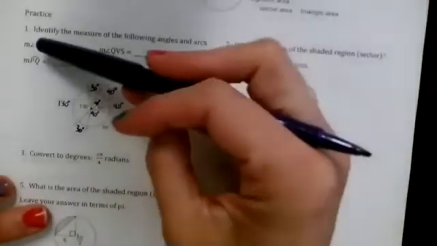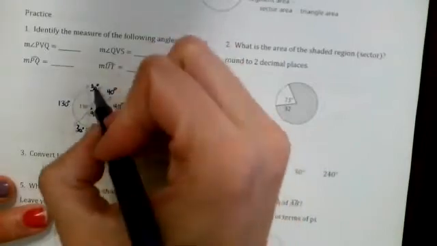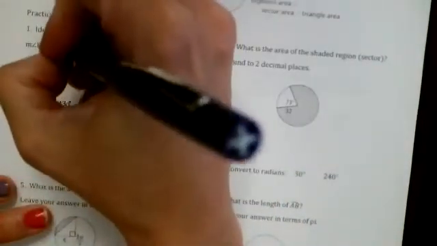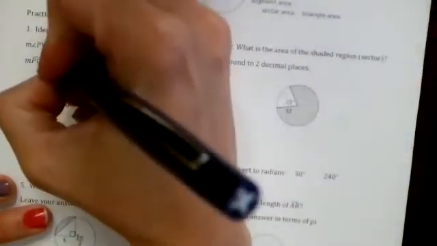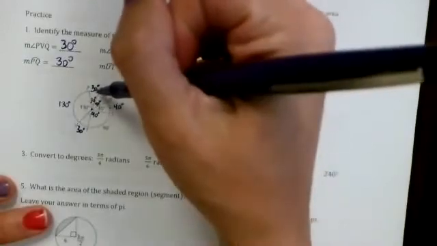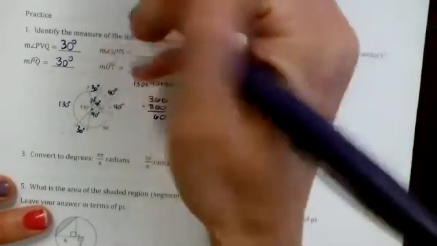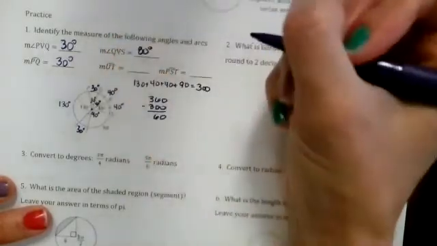Now I can go back and answer all my questions. I have angle PVQ. PVQ, the angle and the arc would be the same. So that's going to be 30 degrees, which is going to be the same as arc PQ. Angle QVS, QVS means I'm going to have to add these two together, so I get 80 degrees.